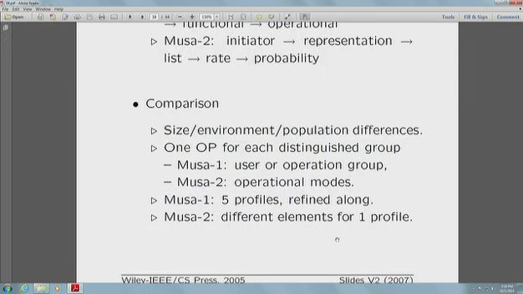But if it's a simpler situation, then MUSA 2 is probably going to be useful, because it has more refined individual steps and is easier to use. So you have to look at what the specific situation is, and then look at what kind of choice you want to make.